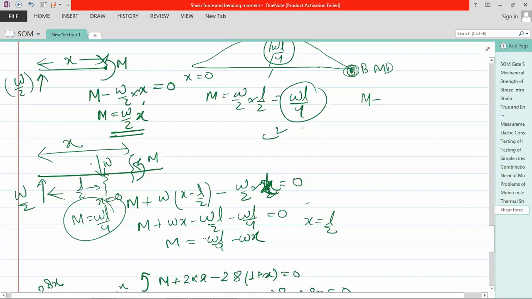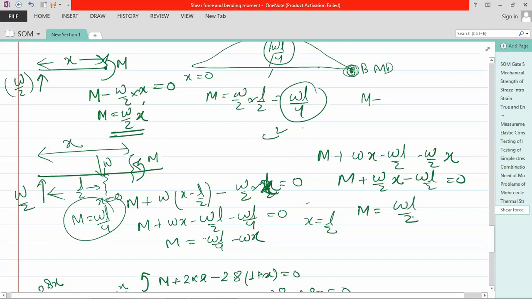So the moment will be W by 2 into X. So M plus WX minus WL by 2 minus W by 2 into X. Okay, so M plus W by 2 into X minus WL by 2 is equal to 0. M is equal to WL by 2, sorry, this will be W into L by 2, and this is W by 2 into X. So M is equal to W by 2 minus W by 2 into X.